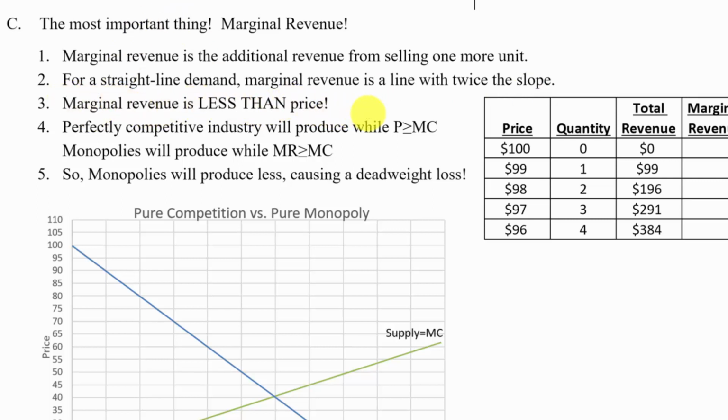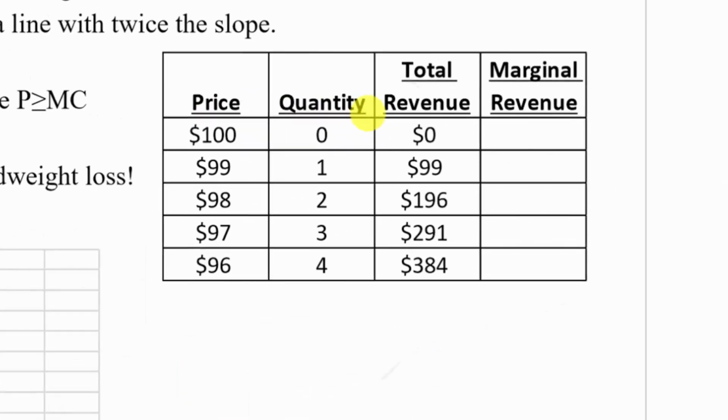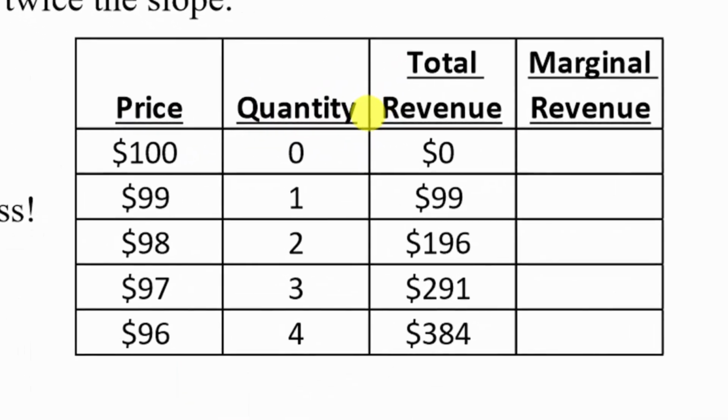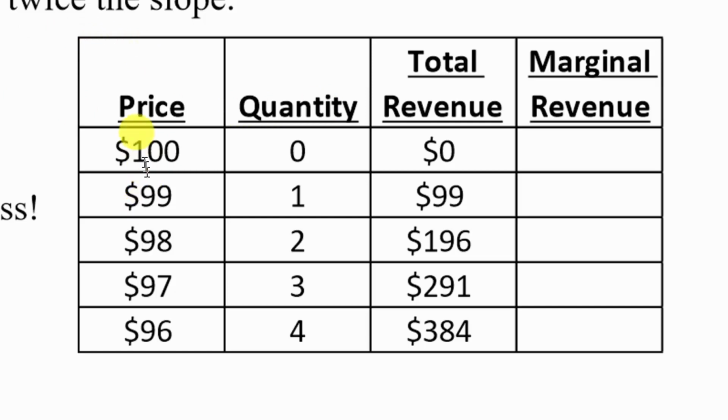So let's look at this little table over here to remind ourselves about marginal revenue. So over here I have the first part of a demand schedule, prices 100 down to 96, quantities just going up by 1, simple demand schedule here. And I have total revenue calculated, price times quantity. So 100 times 0 is 0, 99 times 1 is 99, 98 times 2 is 196, etc. And we need to calculate the marginal revenue.